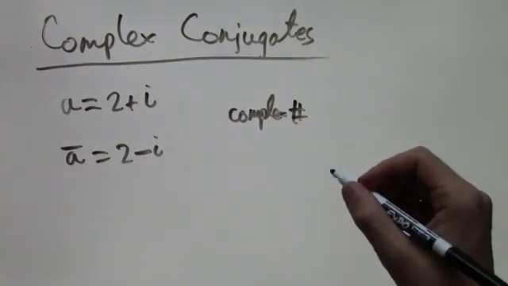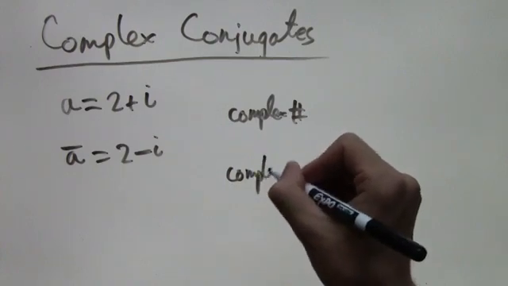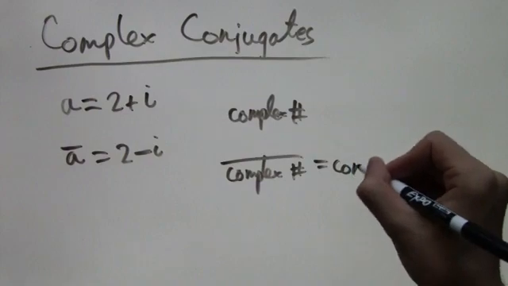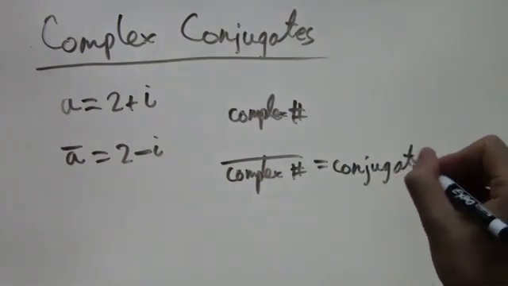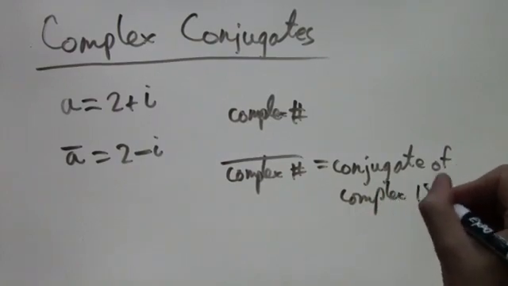If you put a bar on top of it, then you should calculate the complex conjugate. And this is what I'm writing to the side here. You start with a complex number, and if you put a little bar over it, then it's going to be the conjugate of that number.